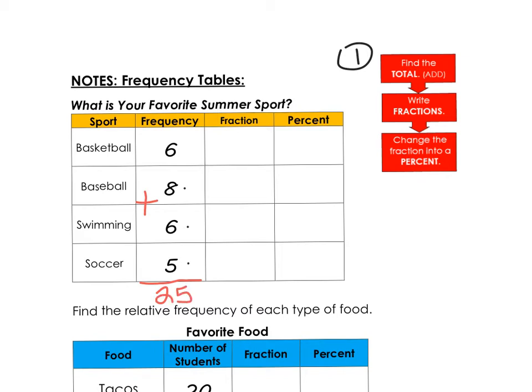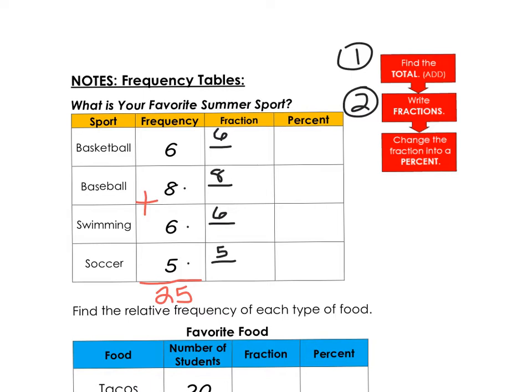So remember here, we're going to write a fraction. So this is going to be step 2. A fraction needs a part and a whole. So if you see here, I'm going to make my fraction. The frequency would be my part. So I'm just going to copy each frequency down. See how I just copied the 6 here, the 8, the 6, and the 5?